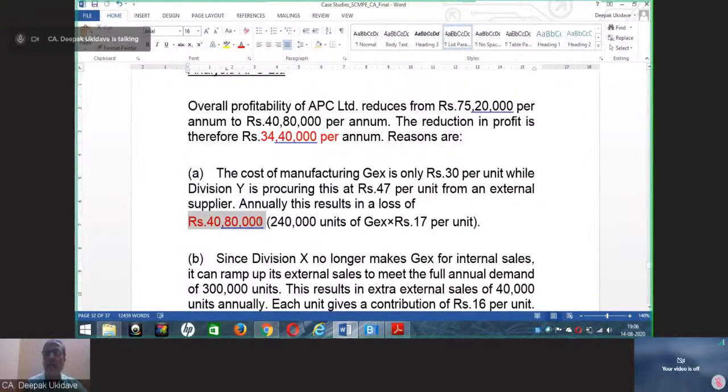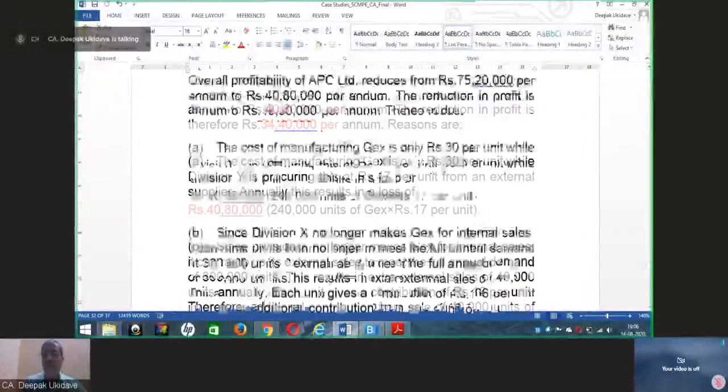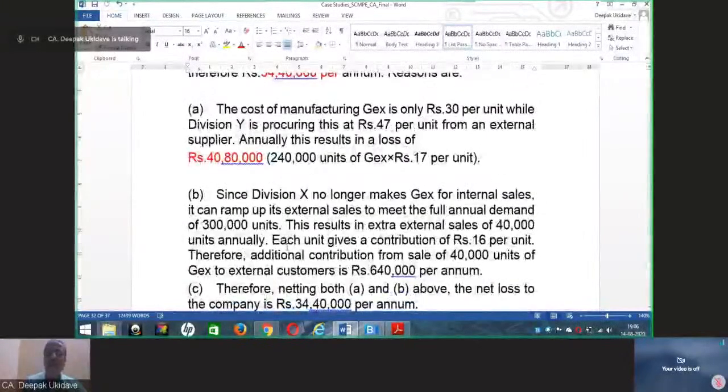This 40,80,000 loss came because probably that cost benefit analysis has not been done by the division Y manager, when division X is producing internally at such a low price, 30 rupees relevant cost. It is 30 rupees relevant cost obviously because we are not taking into account selling and distribution cost. So this is the main loss, but still the loss is reduced to 34,40,000.